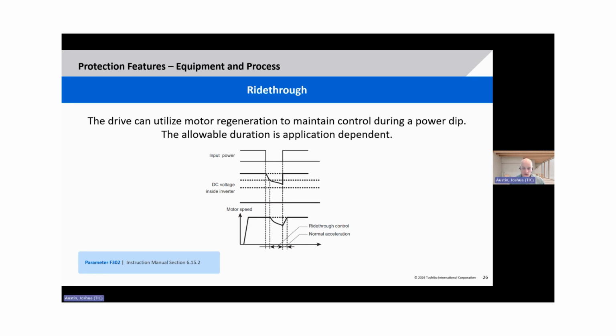And there are some applications where not only the drive, but maybe the pump or something else in the system will need to be reprimed or restarted in order for the process to begin operating as intended once again. So if we can prevent the process from stopping during a momentary power dip, then that will reduce the amount of downtime for the overall system.